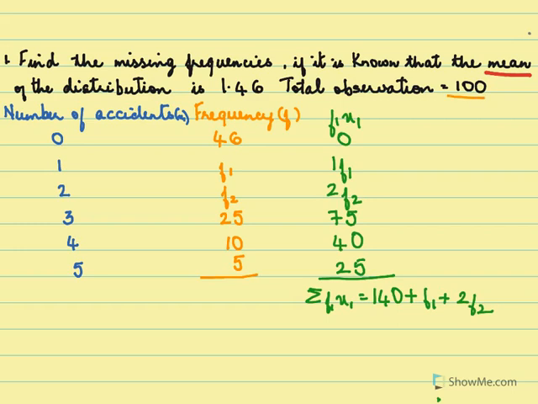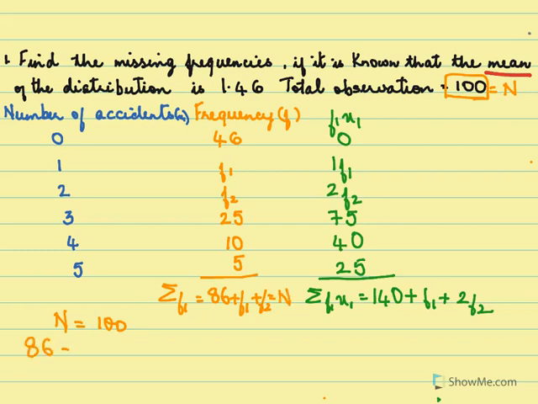Here too the total number of observations is given as 100. Here the total frequency sigma Fi will be equal to 86 plus F1 plus F2. Now the total observations n is given as 100. So one equation we have, n is equal to 100, and we know this is also n.